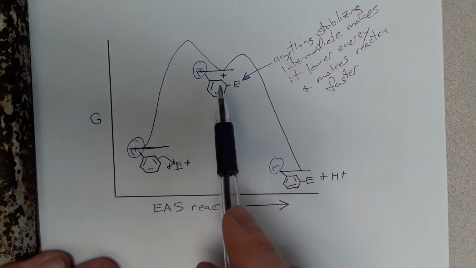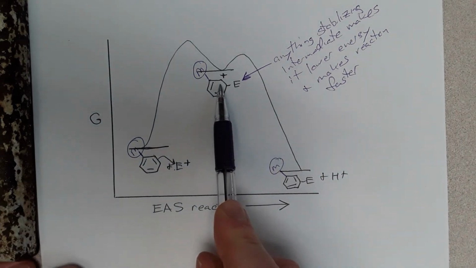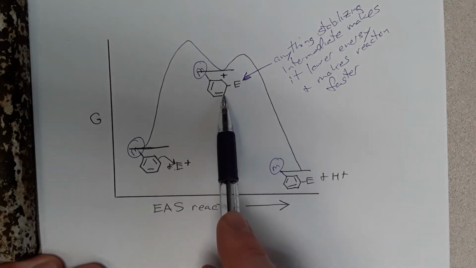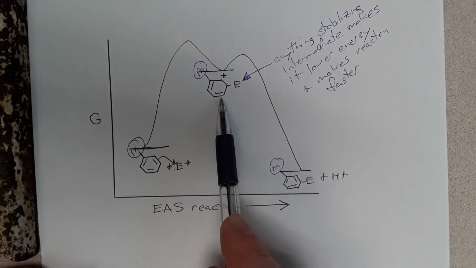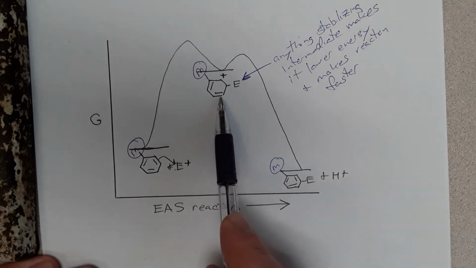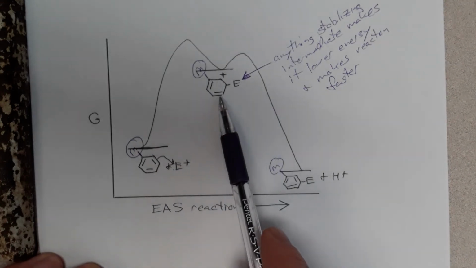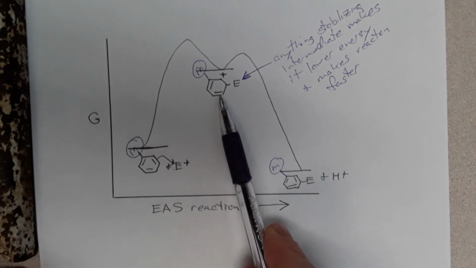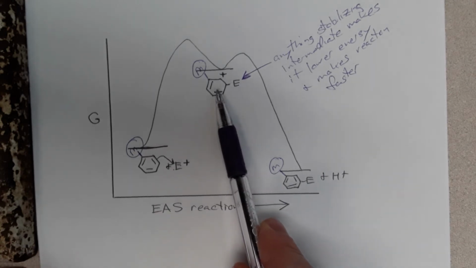So we could have drawn a whole bunch of resonance structures of the intermediate where the electrophile added meta and compared that to the stabilization if it added ortho, or compared it to the stabilization if it added para. And this is what your book does, and let's take a look at how your book compares the energies of the various positions where the electrophile could have added.